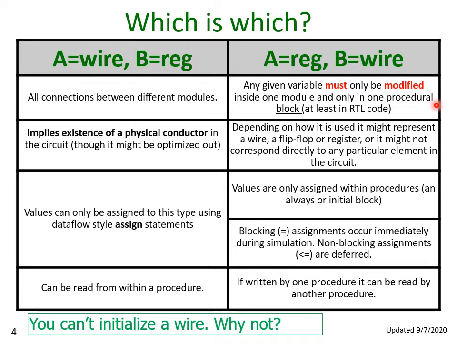So the scope should be limited to the module or even the block of code inside the module where it is being used. If you assign it from multiple places, it's possible to do in simulation, but you're likely to get behavior that's hard to predict. But on top of that, you won't be able to synthesize hardware that replicates that behavior.